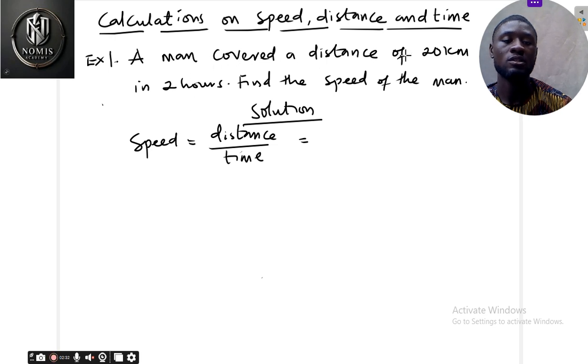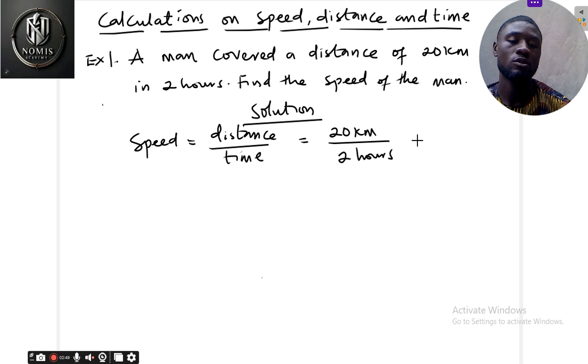So according to the question, what's the distance covered? A man covered a distance of 20 kilometers. So the distance covered is 20 kilometers. Divide by what is the time taken? The question says in 2 hours. So if the 20 kilometers is covered in 2 hours, what is the speed of the man?